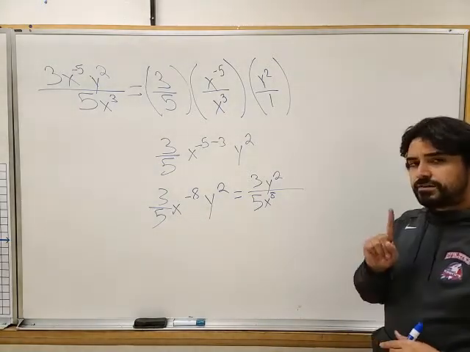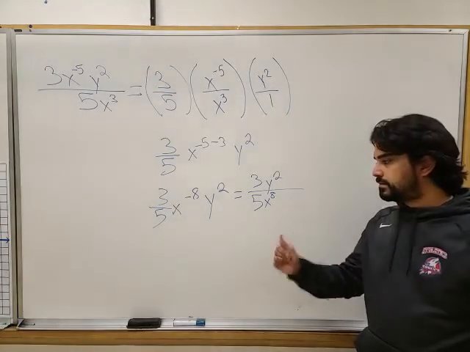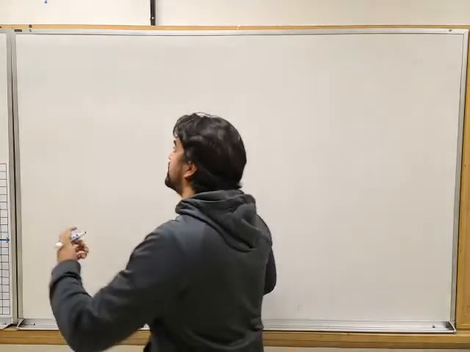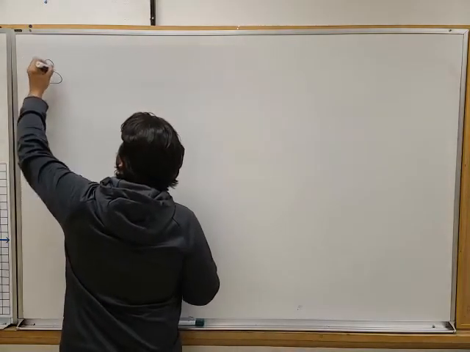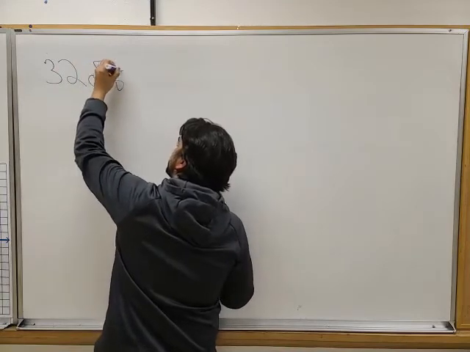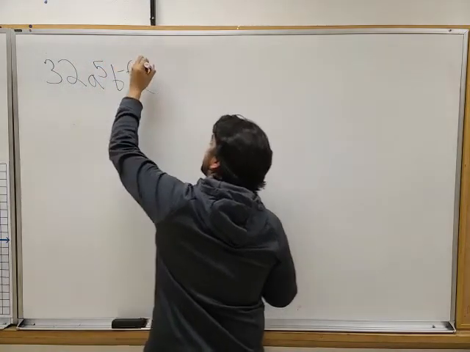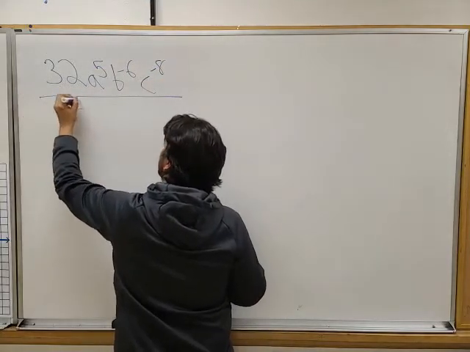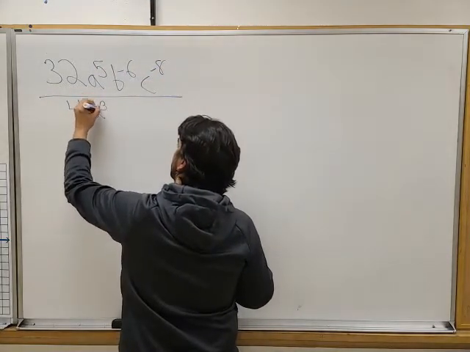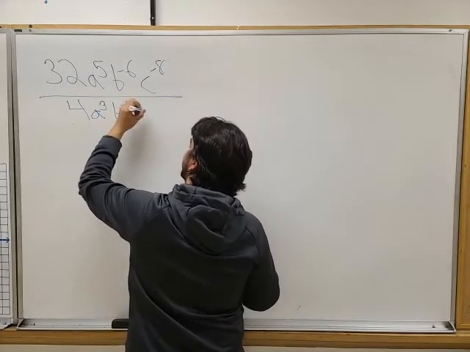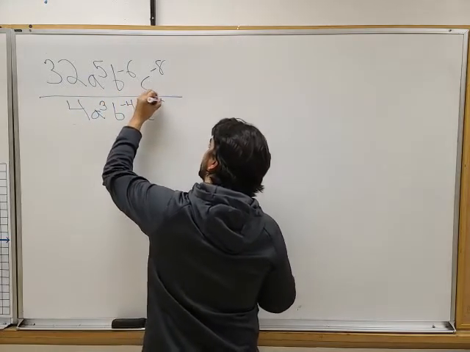Let's go ahead and try one more. All right, so let's try 32a to the power of 5, b to the power of negative 6, c to the power of negative 8, over 4, a to the power of 3, b to the power of negative 4, and c to the power of negative 8.